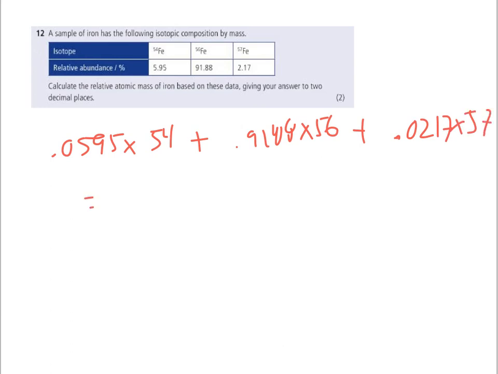And get your total, which I came up with 55.90, and the correct label would be AMU, or you could put grams per mole would be acceptable, although atomic mass, I take it back, should be AMU.